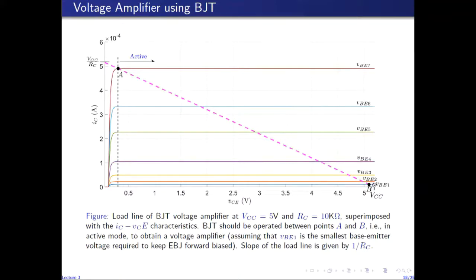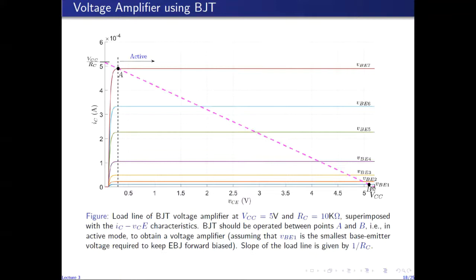Such operating conditions will drive the transistor into the cutoff mode, while these operating conditions will take the transistor into saturation. So the points A and B mark the edge of saturation and cutoff, or the edge of the active mode at these two extremes.